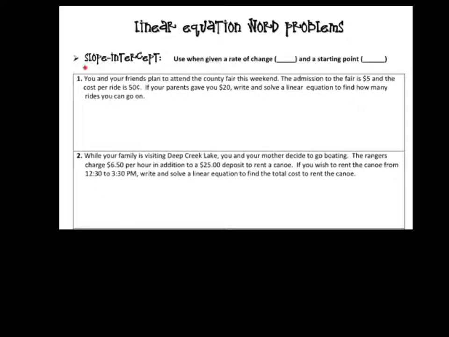So we know that slope-intercept form is going to give us our slope and our y-intercept. So it's going to be best to use when you're given a rate of change. Now remember, your rate of change is the same thing as m, and rate of change is another word for slope. Okay?